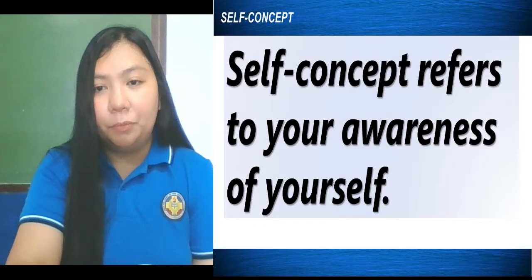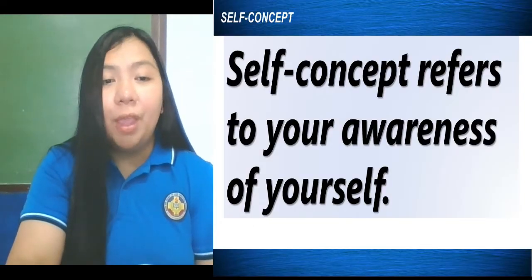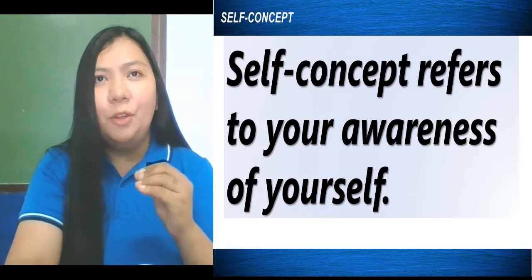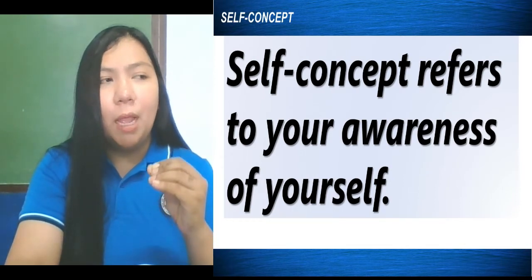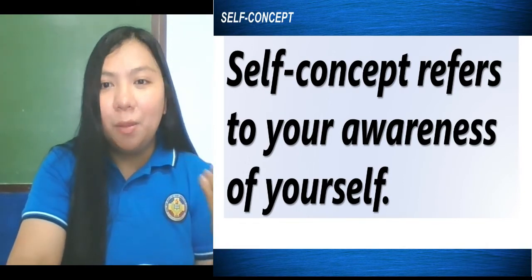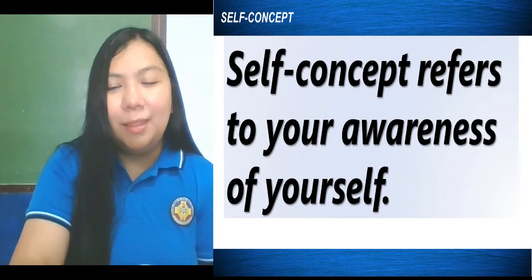The actual self and the ideal self are two broad categories of self-concept. So what is self-concept? Self-concept refers to your awareness of yourself. Ano ba yung tingin mo sa sarili mo? Ano yung pagkakaalam mo na ikaw bilang tao.